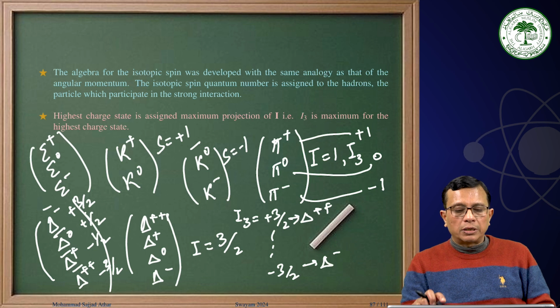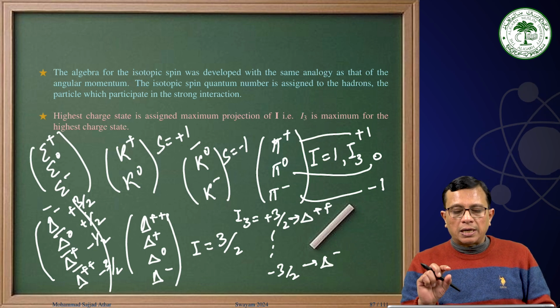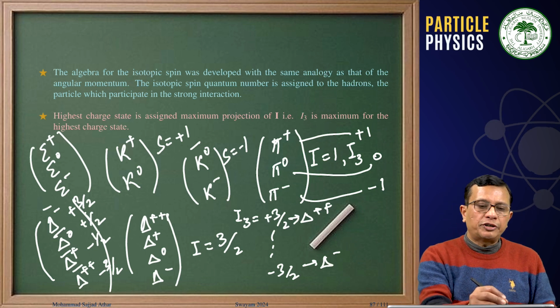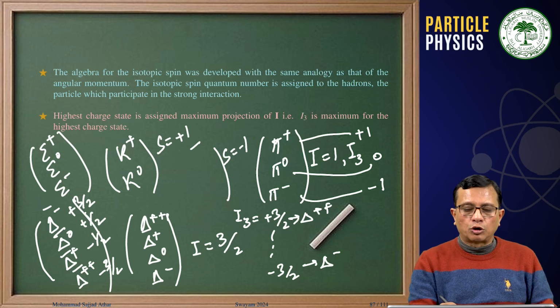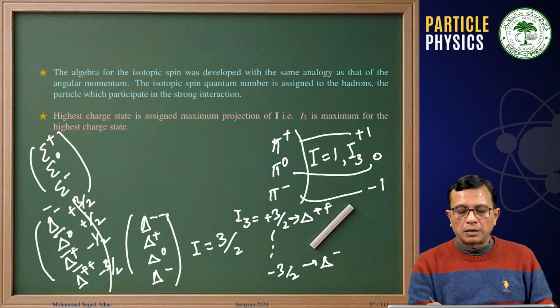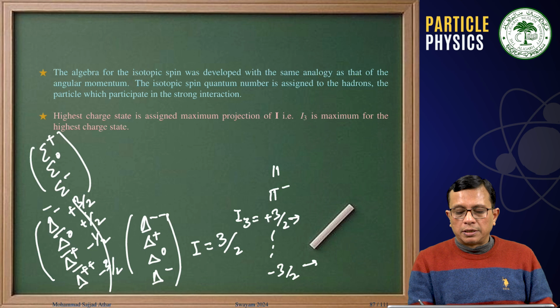Okay. Therefore, the important point is that for a quartet, we assign isotopic spin 3 by 2. For a triplet, we assign isotopic spin 1. For a doublet, we assign isotopic spin half, and for a singlet, we assign isotopic spin 0.